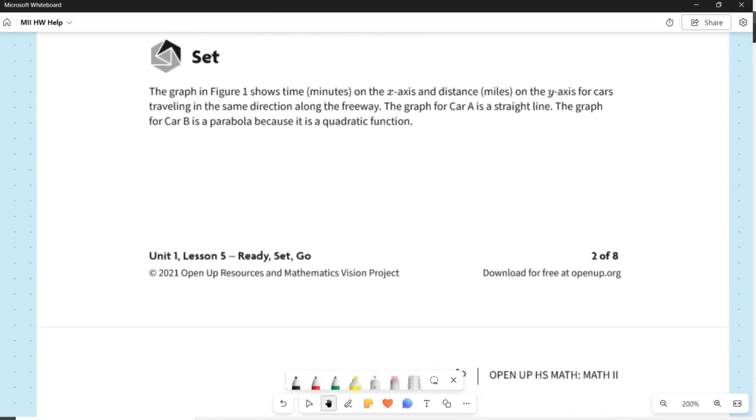Moving on to the set section. The graph in figure 1 shows the time in minutes on the x-axis and distance in miles on the y-axis for cars traveling in the same direction along the freeway. The graph for car A is a straight line. The graph for car B is a parabola because it is a quadratic function.